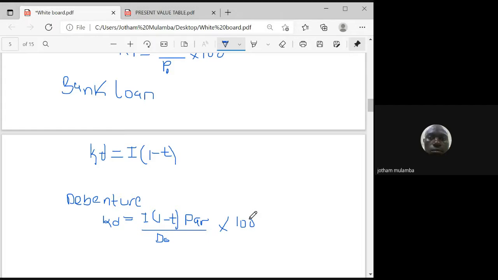Where KD is the cost of debenture or cost of debt.